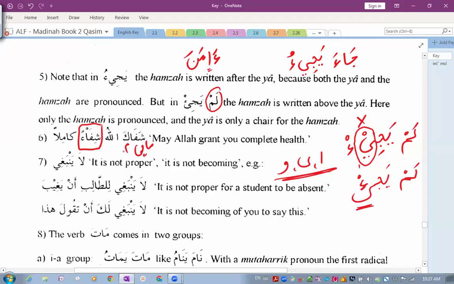Ka is maf'ulun bihi, Allahu is the file, lafzu jalala file. Shafa'an, when you have a maf'ulun bihi which is from the same verb, that is the definition of maf'ulun mutlaq. We study some of it. Book 3 we will learn more. And then kamilan is naat for shafa'an.